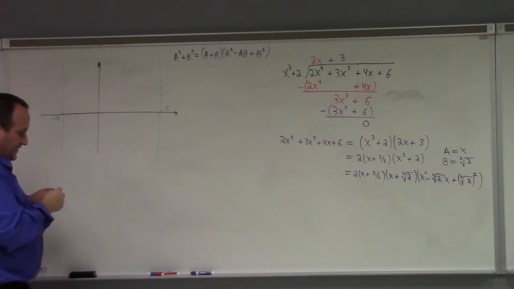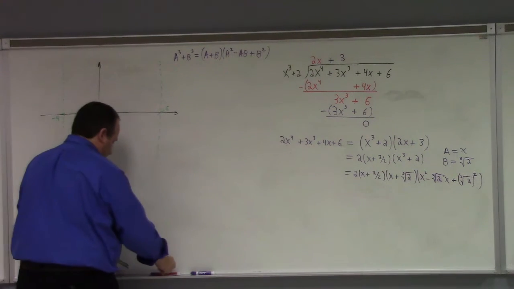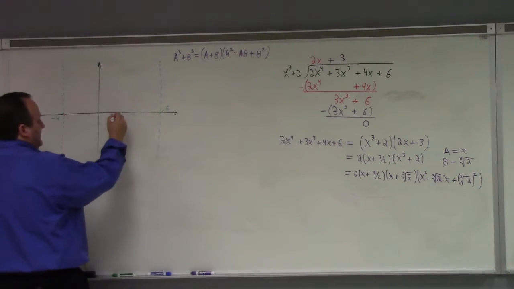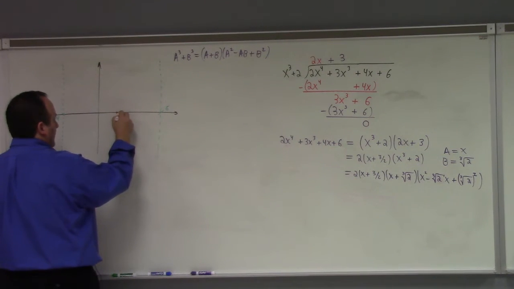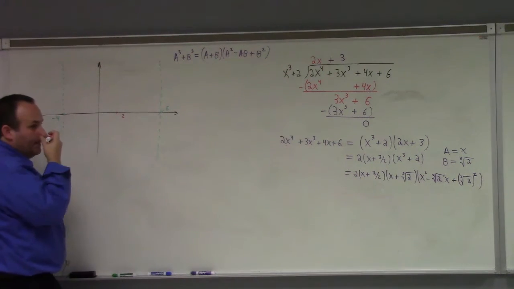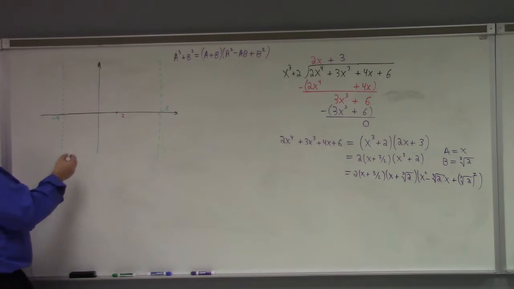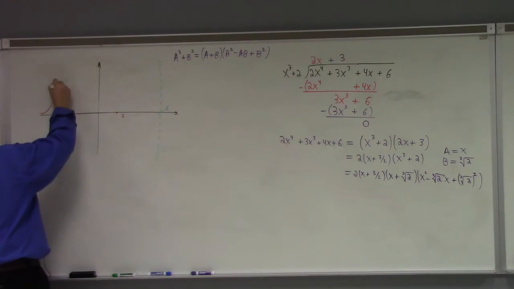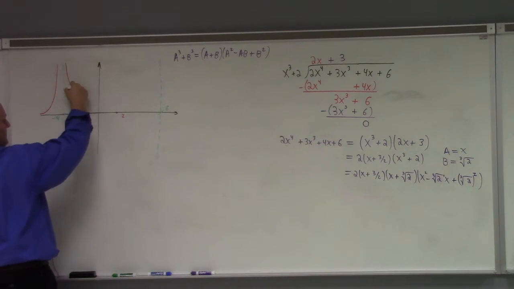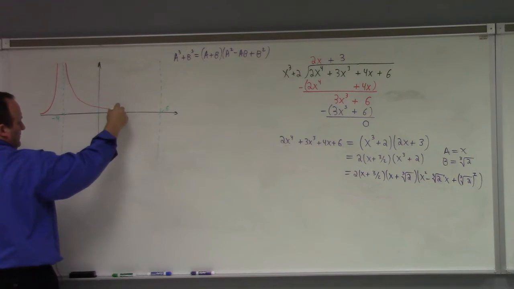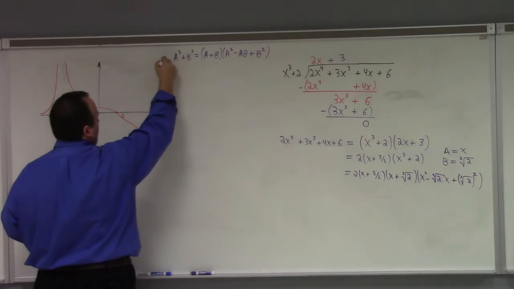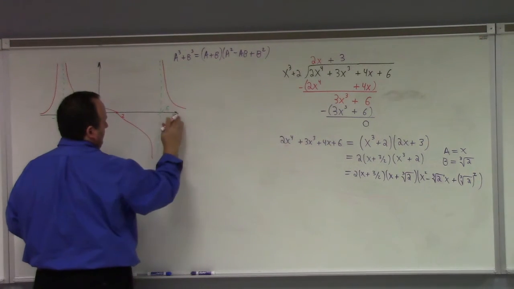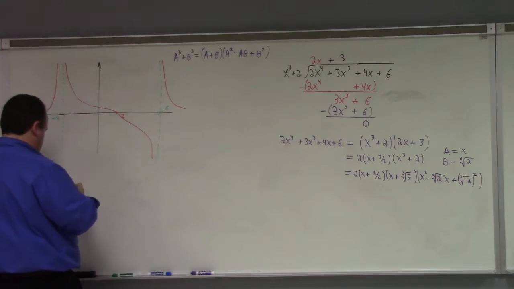I'm going to put an x-intercept here at, I don't know, 2. And I'm going to suppose the graph looks something like this. Volcano here crosses through the axis here, and then goes down like so. And then it comes back over here like that.